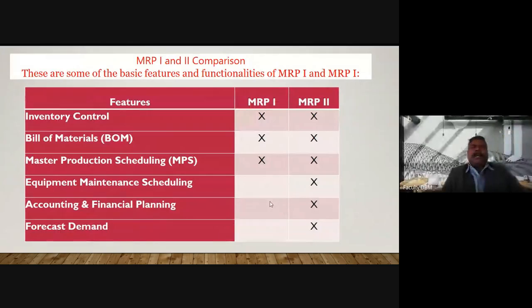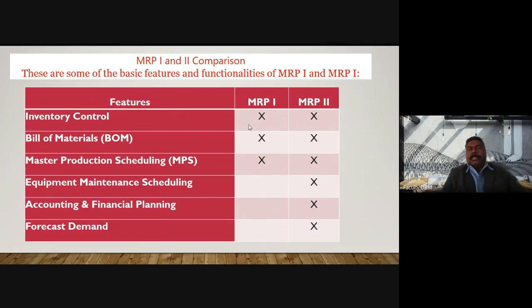And here you can see a quick look at the difference between MRP1 and MRP2. Here you can see some features: inventory control, bills of materials (BOM), material master production scheduling, equipment maintenance scheduling, accounting and finance planning, forecasting demand. That we don't have in MRP1.